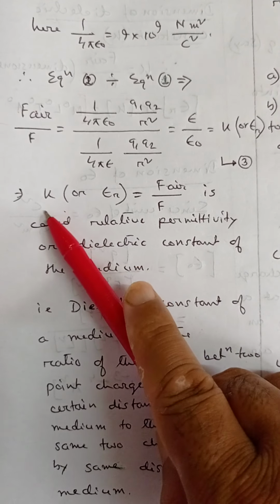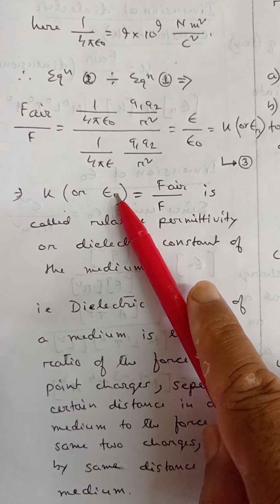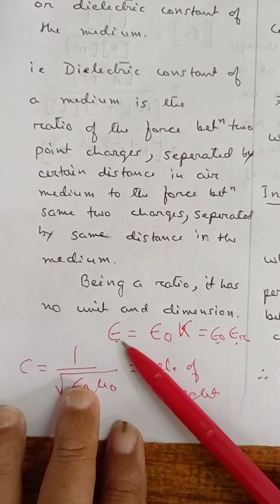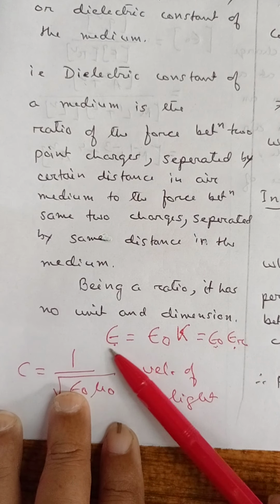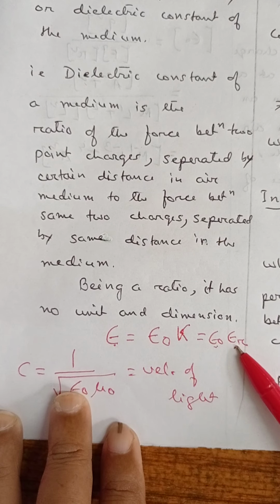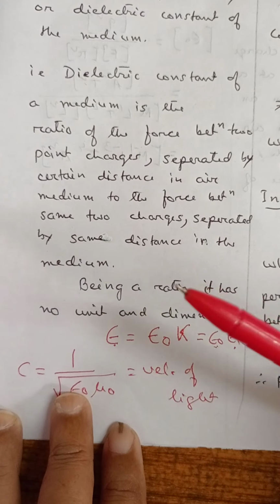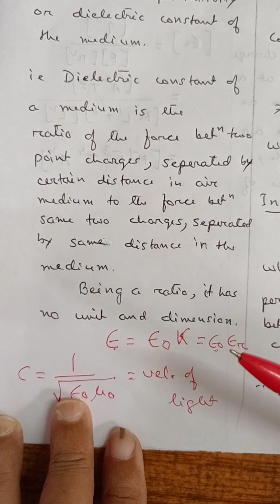The symbol is K or epsilon R. Epsilon is epsilon 0 K, or epsilon is epsilon 0 epsilon R. For air medium, this epsilon R or K has a value equal to 1.